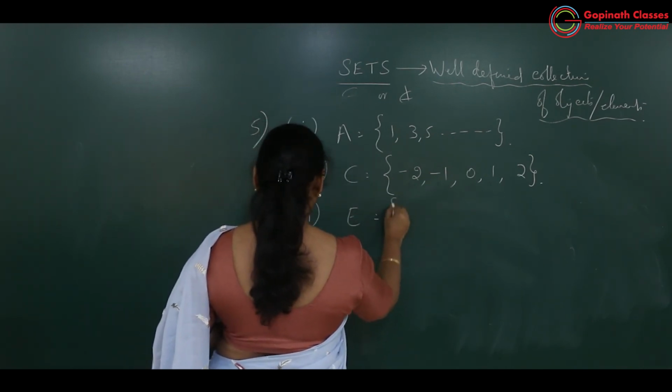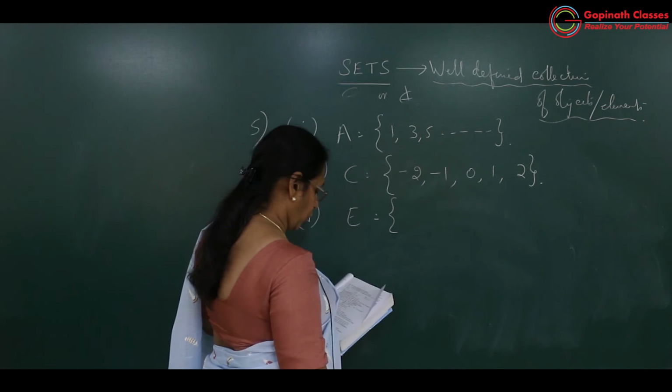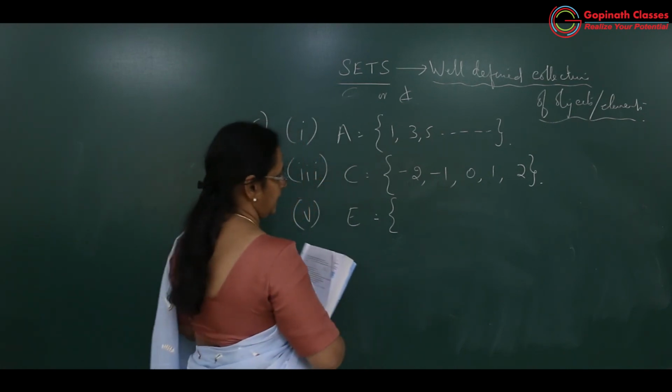Fifth one, E is equal to x such that x is a month of a year not having 31 days. Which are they?